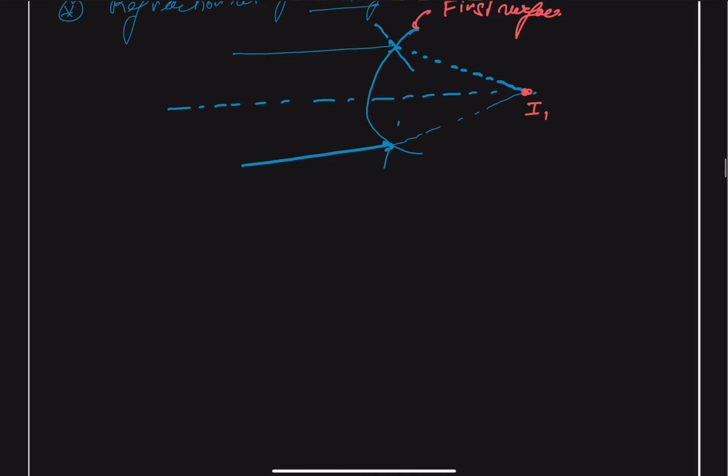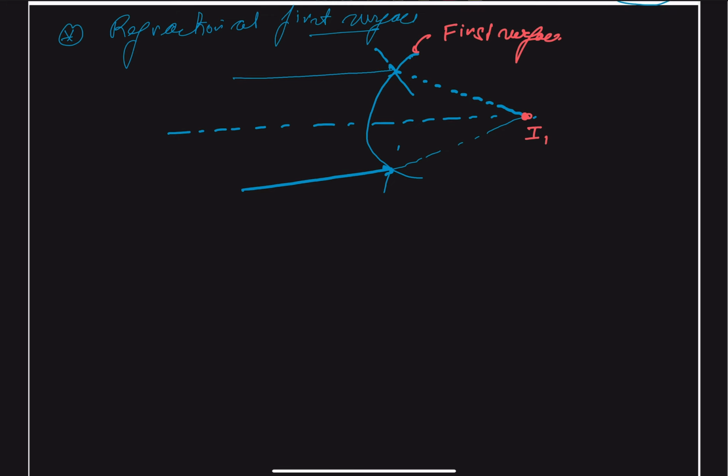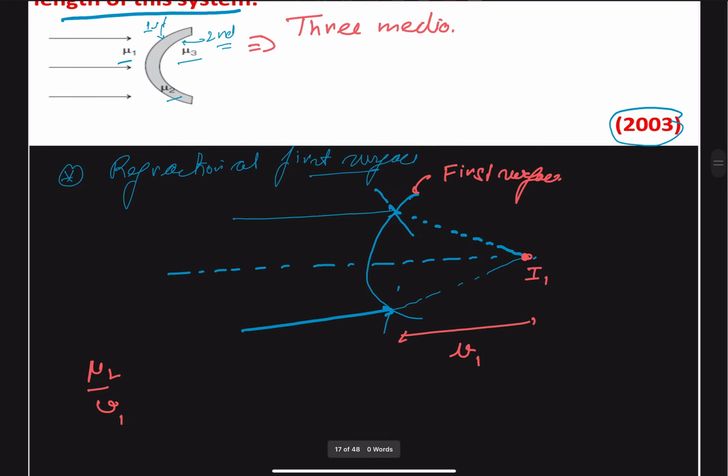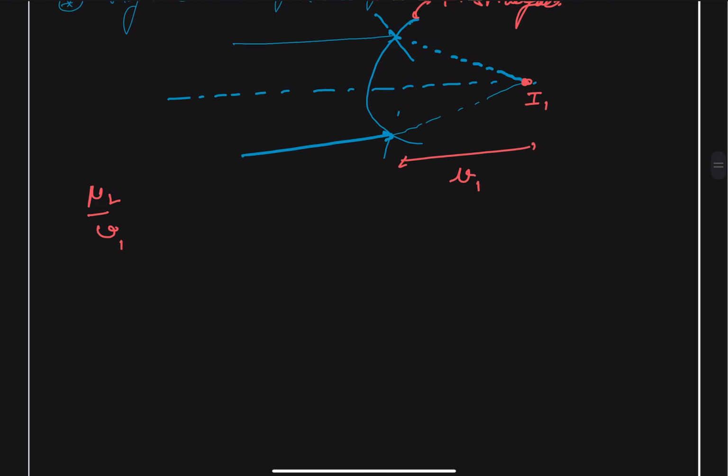So we can just write the equation, and that equation is mu2 upon v, let us call that v1, the distance of the image, minus mu1 upon u.